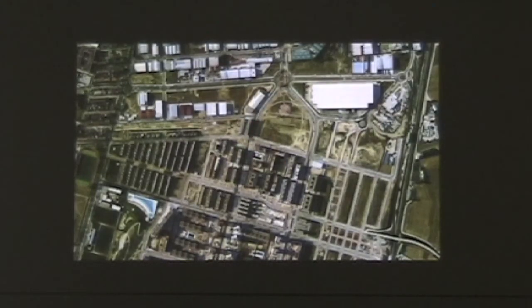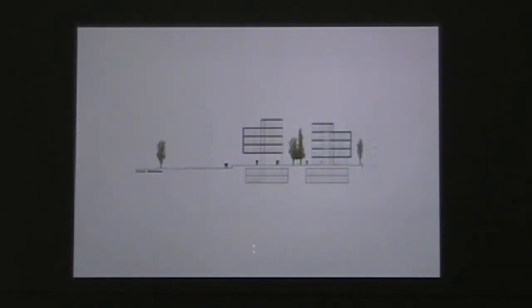As you can see in this section, we wanted to organize an interior garden that would complement the use of the houses, but also have a strong relationship with the street here and the park there.